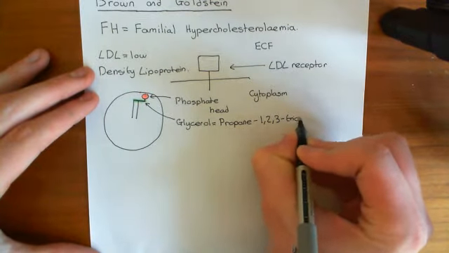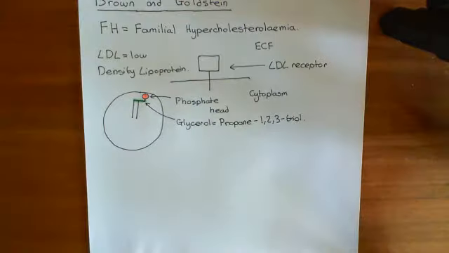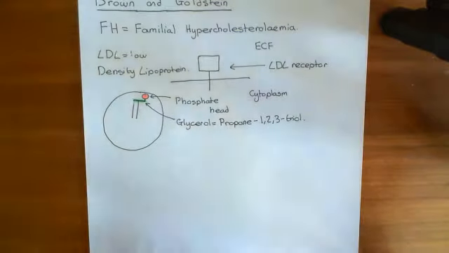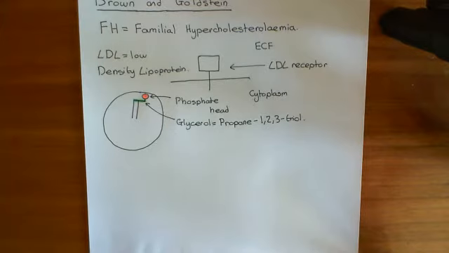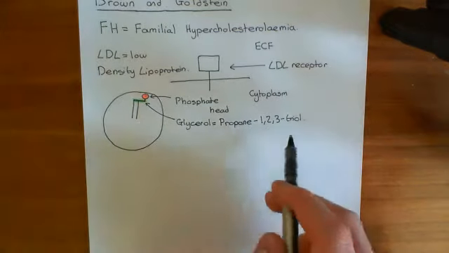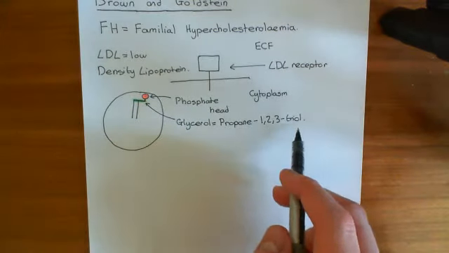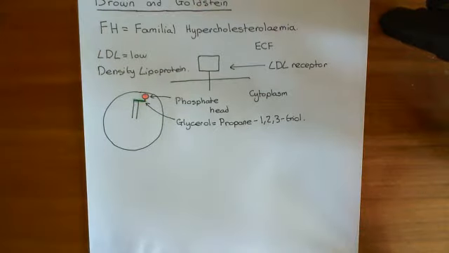Although propane 1,2,3-triol is a bit of a mouthful, it's useful because it tells you exactly what glycerol actually is. It's this three-carbon molecule, propane, where every single one of the carbons has an alcohol group off, so 1,2,3-triol. So with three alcohol groups in total, one off each of those three carbons.